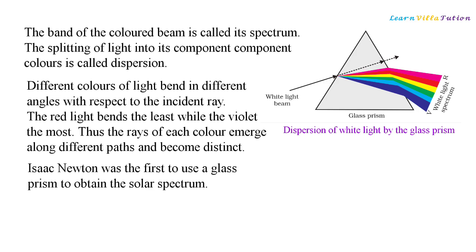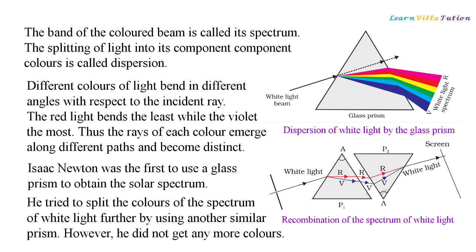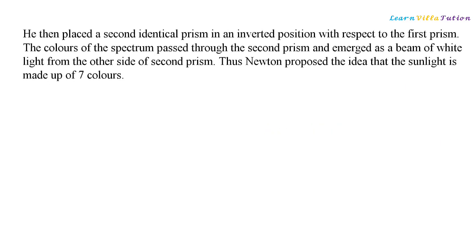Isaac Newton was the first to use a glass prism to obtain the solar spectrum. He tried to split the colors of the spectrum of white light further by using another similar prism. However, he did not get any more colors. He then placed a second identical prism in an inverted position with respect to the first prism.